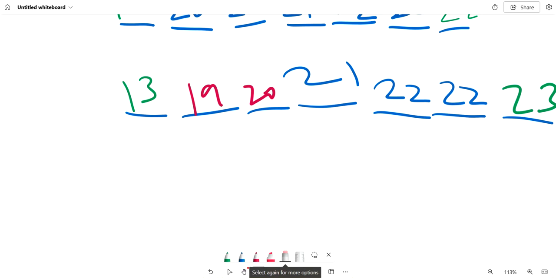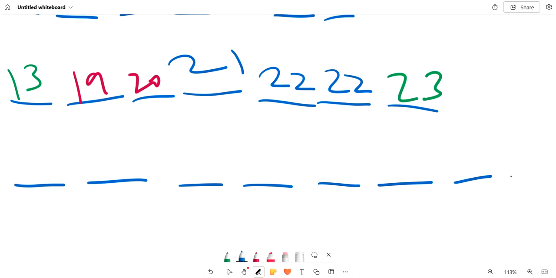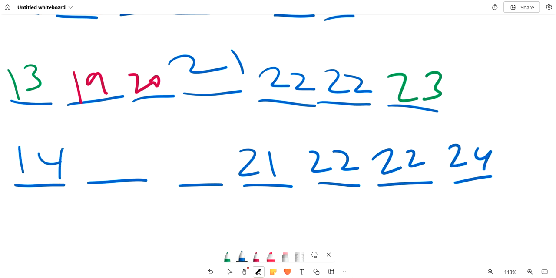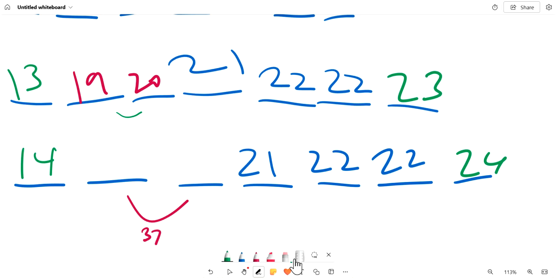Next case. Okay. So we have 6, 7, 21, 22, 22, 24. This is 14, and these two sum to 37. Because essentially you're just increasing the last term and the first term by 2, and so these decrease by 2.